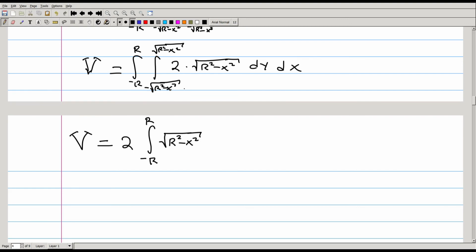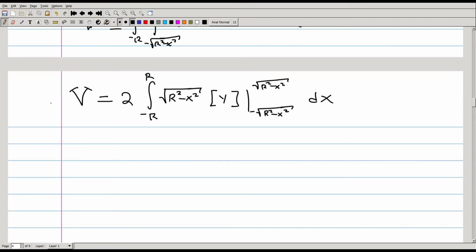And what is left over is the integral of the constant function 1 with respect to y, which is just y evaluated at the upper bound and the lower bound. And when we plug in here, we get 2 times the square root of r squared minus x squared.